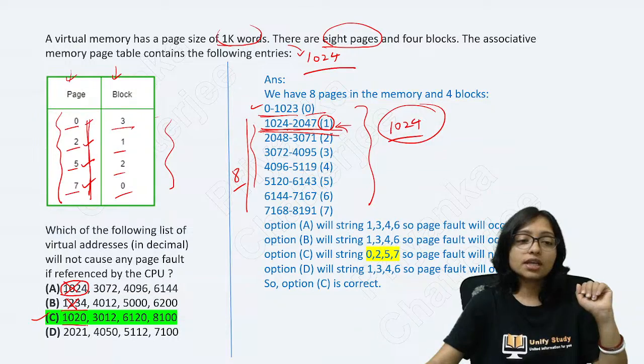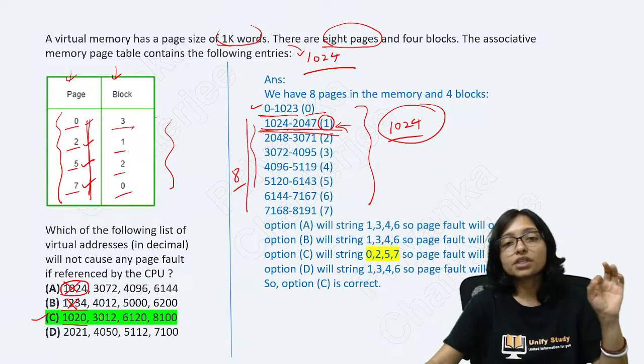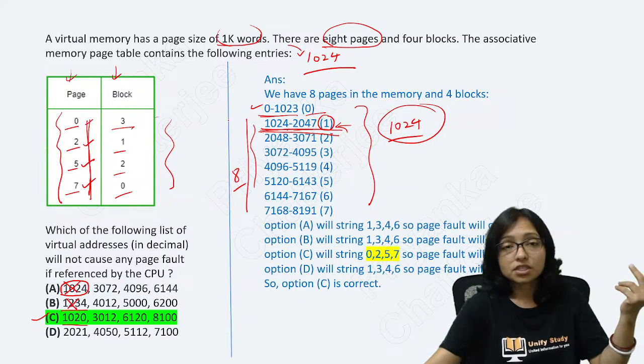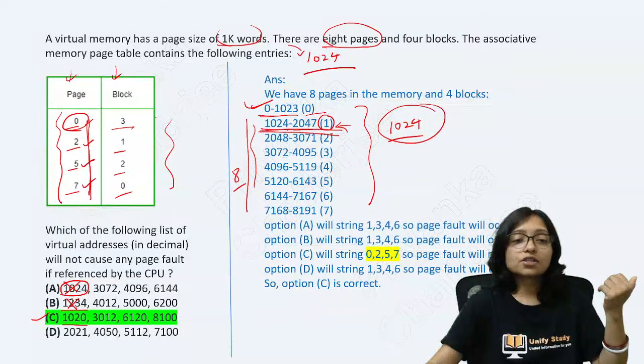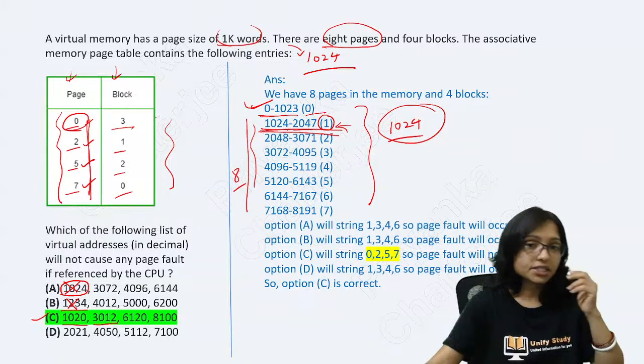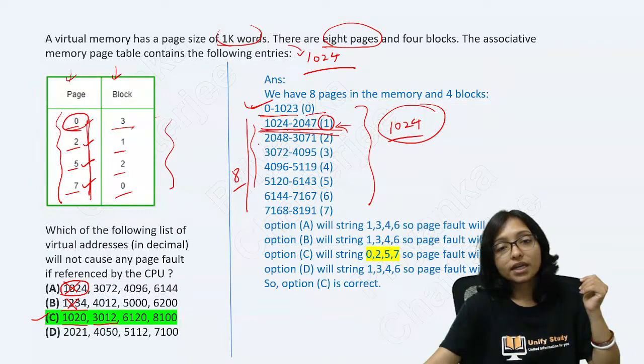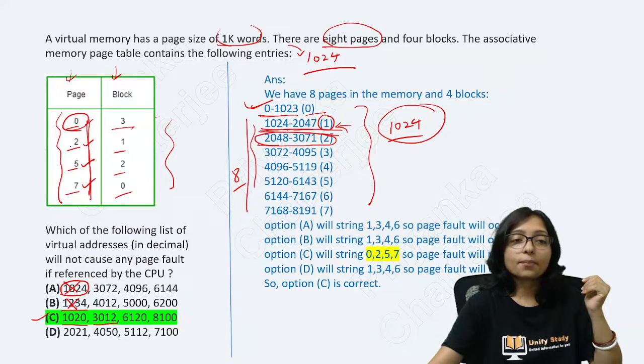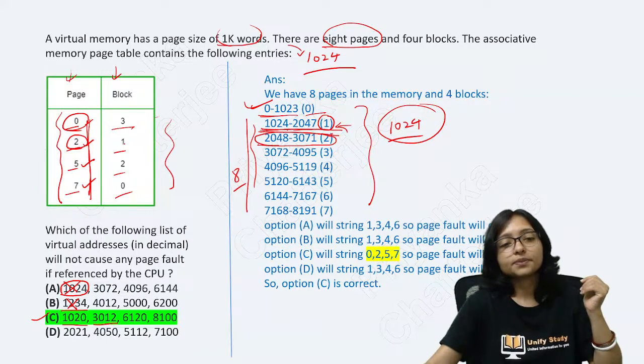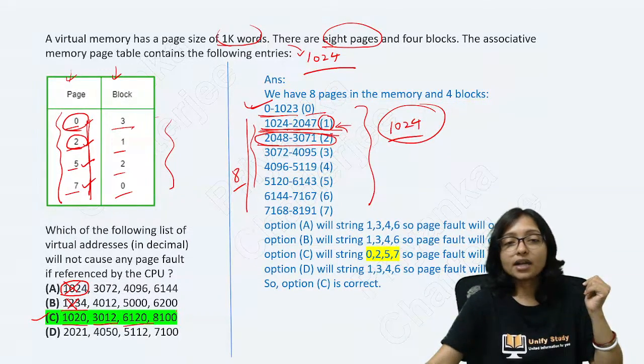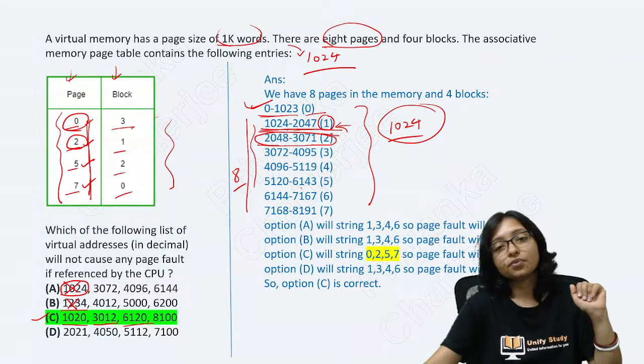In option 3, 1020: in which page? That is page number 0. Page number 0 is available. Next one is 3012. 3012 is in the range of page 2, right? So page 2 is also available. 6120: in which range?